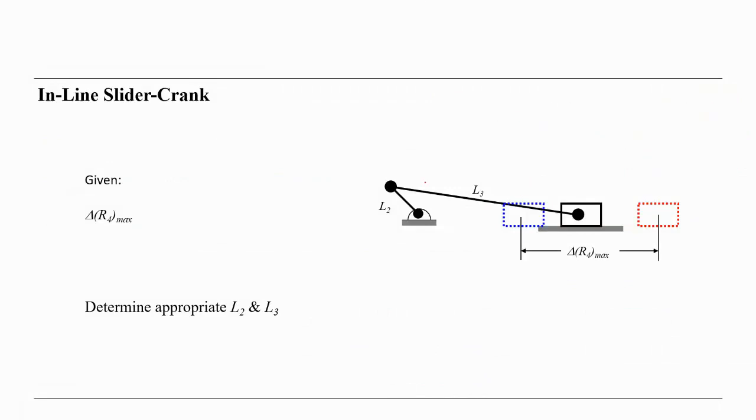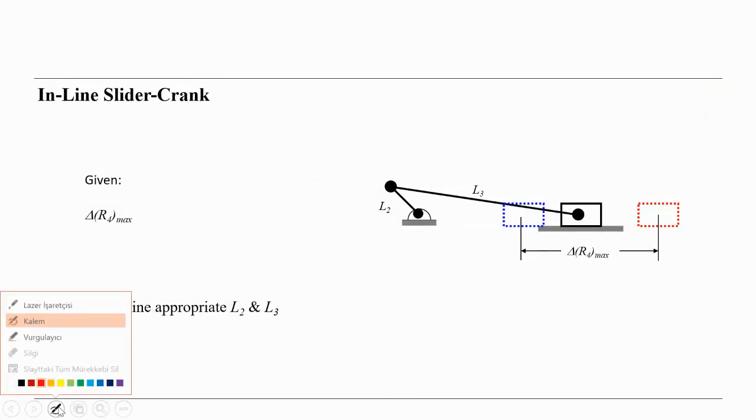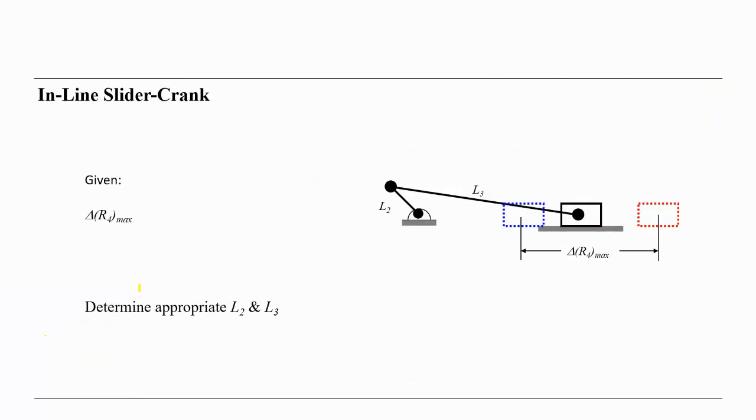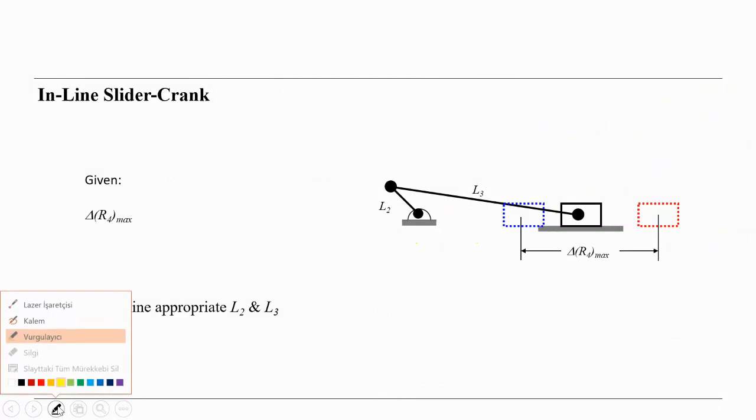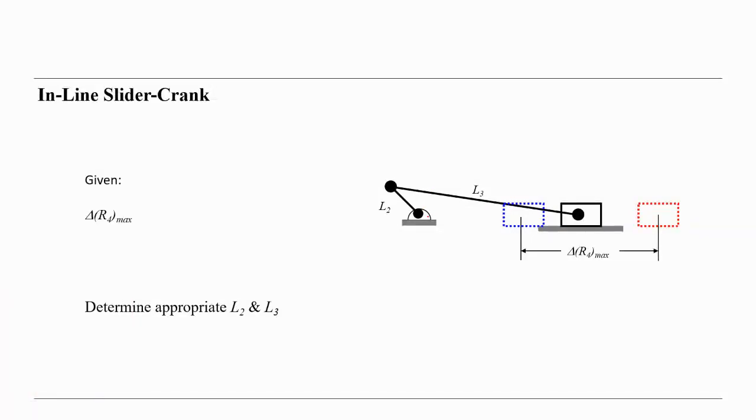You know that we already learned the inline slider. What does inline mean? Inline means, let's say, A0 or A, here is B, and this is C. That means A and B are in the same vertical line.